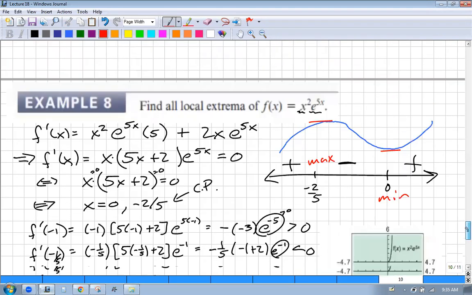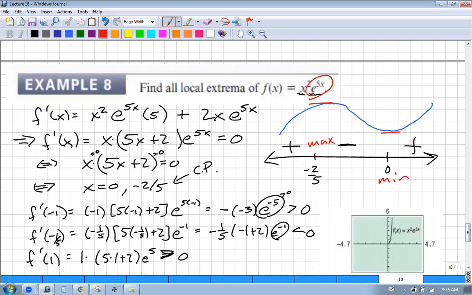If you think about it, this is an exponential. Exponentials blow up real quick, right? X squared is a parabola. It increases, right? But exponential goes up a lot faster. So this guy, as a graph, is dominated by this exponential, okay?